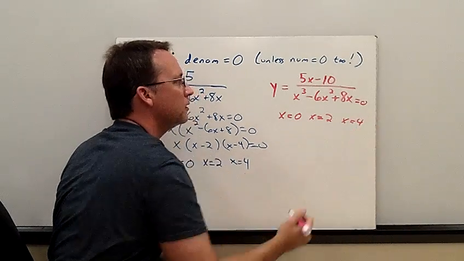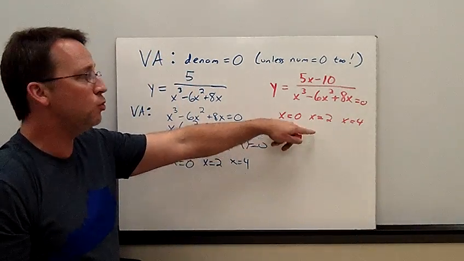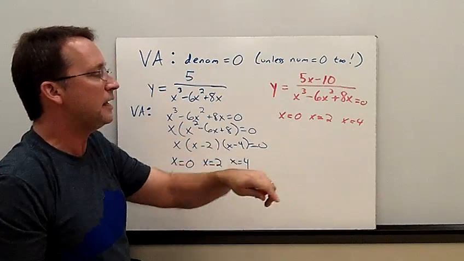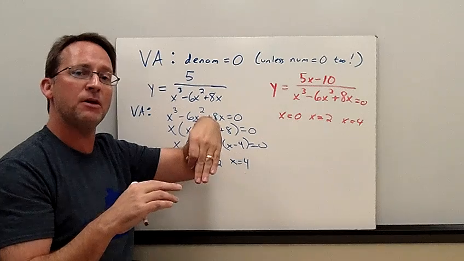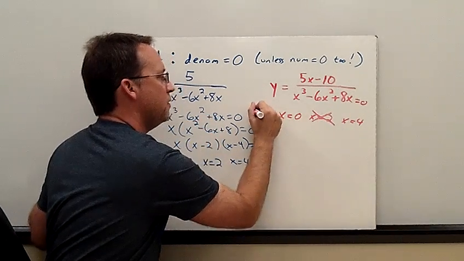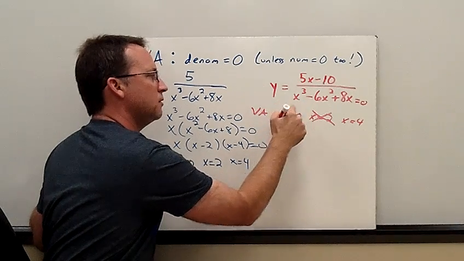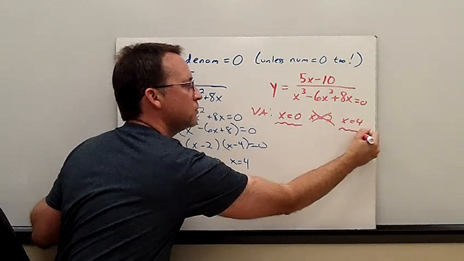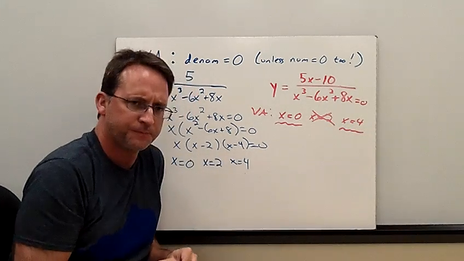However, notice that 2 would also make the numerator equal to 0. If both the numerator and the denominator equal 0, that won't be a vertical asymptote. So this graph will only have 2 different vertical asymptotes, x equals 0 and x equals 4.